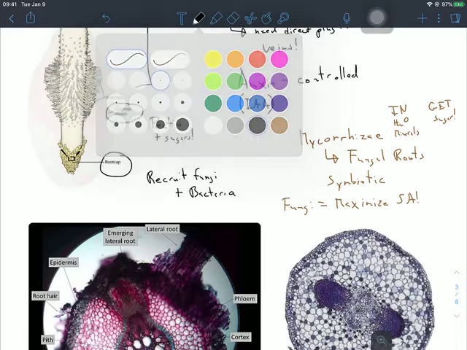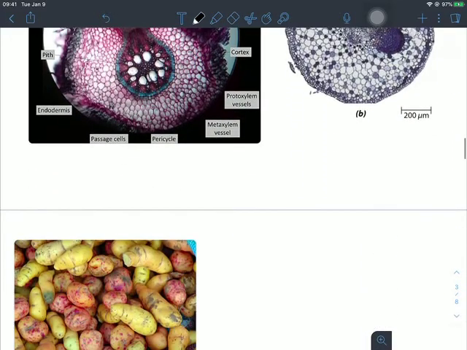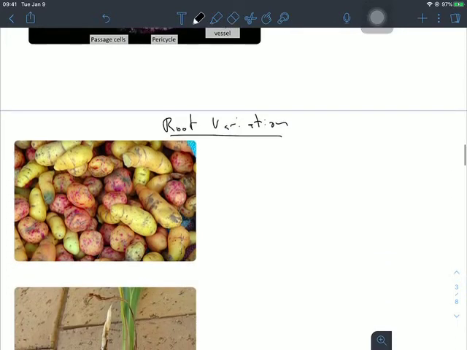The very last thing that we'll talk about is root variation, because we do get some different structures that y'all will be familiar with. Some root structures, and no, you are not looking at a potato, but rather a tuber of another plant that's also still forming this sugar storage organ underneath the ground.